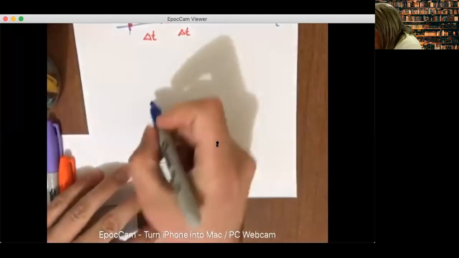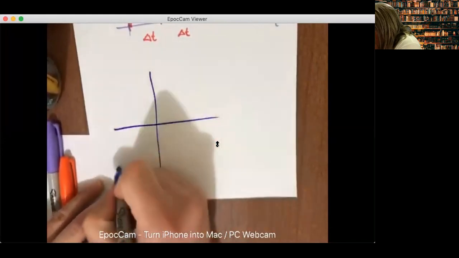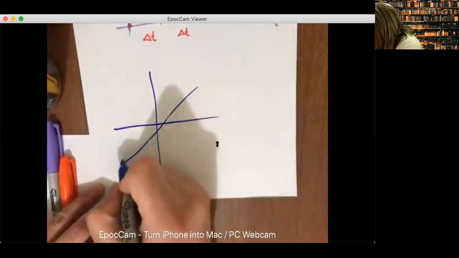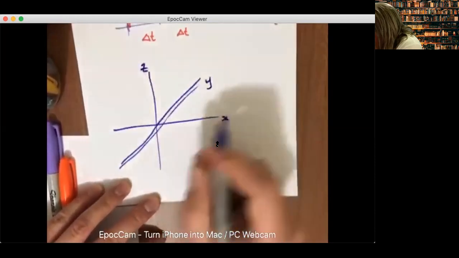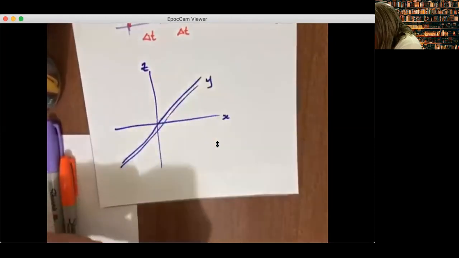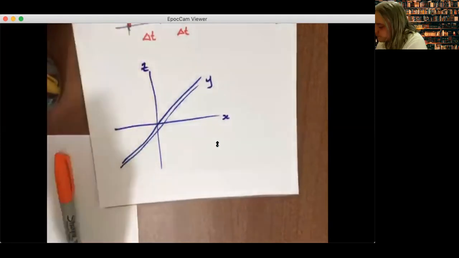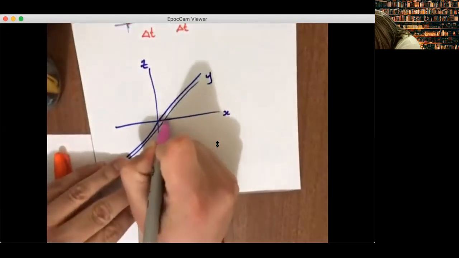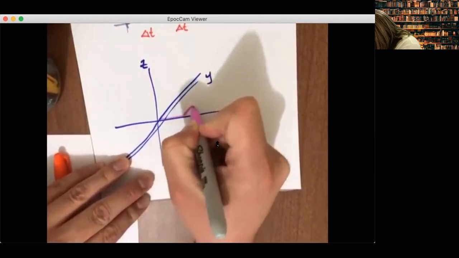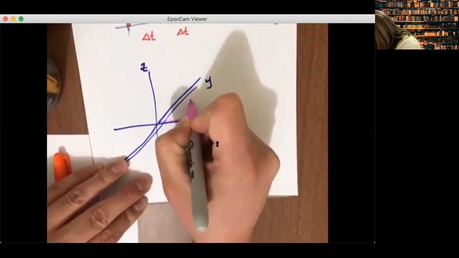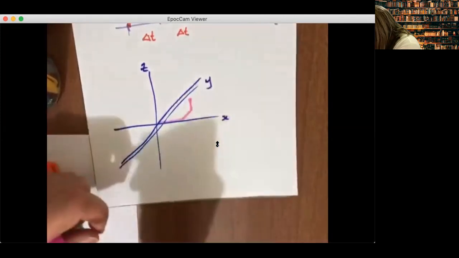So if we've got our x, y, and z axes, we draw in a triangle that goes out along the x-axis some amount, along the y-axis some amount, and then up the z-axis some amount.